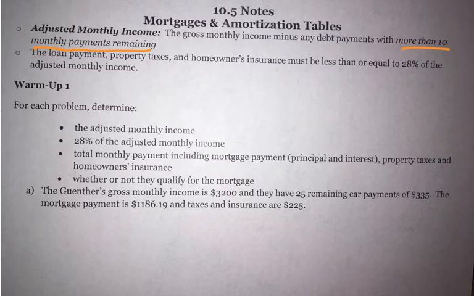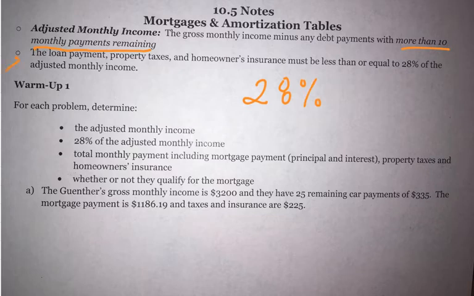But if you choose a payment plan where you're paying for the braces over the course of, let's say, 2 years, then that would be considered a long-term debt. And so your adjusted monthly income is determined by how much you take home each month minus any long-term debts.